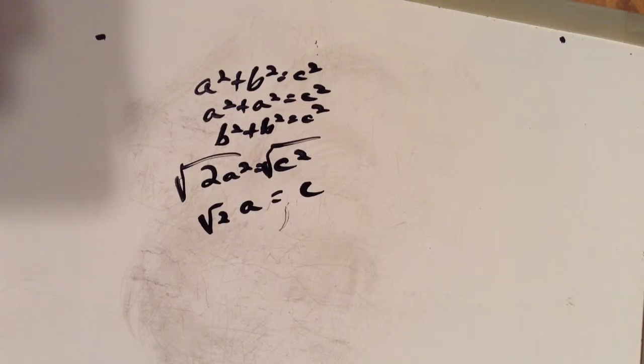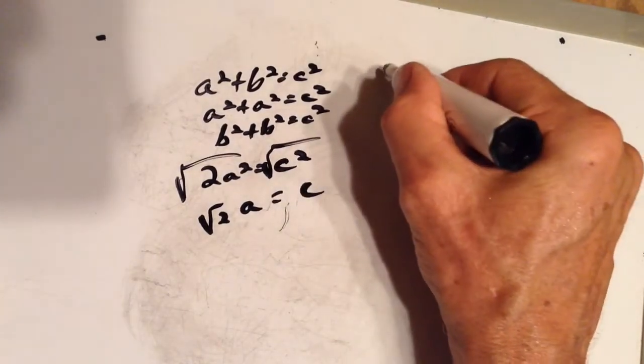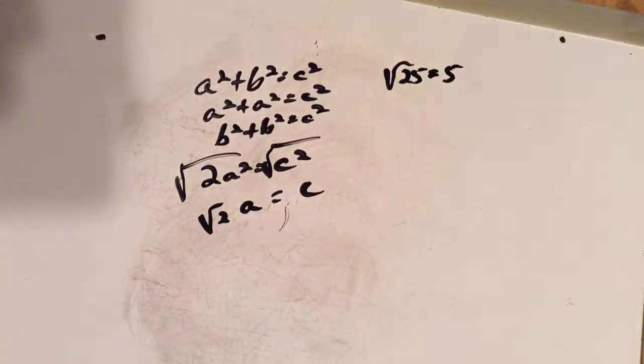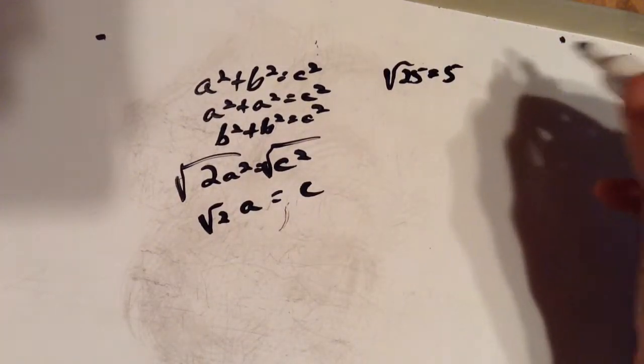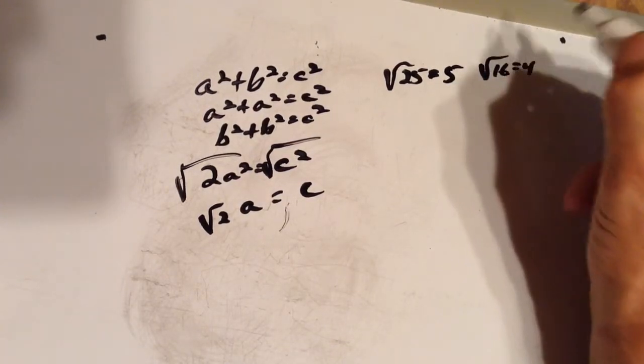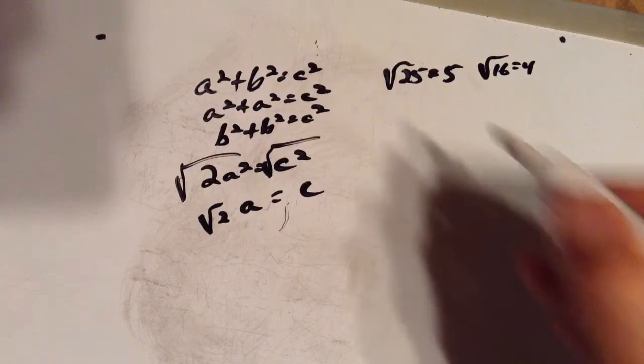Okay, the square root of a number is the number that multiplies times itself to equal that number. For instance, the square root of 25 equals 5, because 5 times 5 is 25. The square root of 16 equals 4, because 4 times 4 is 16.